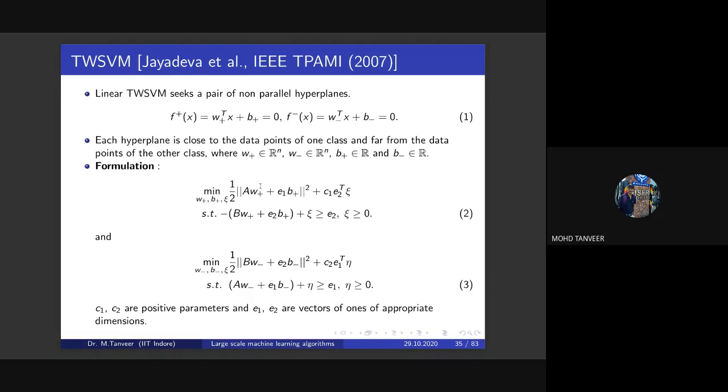In SVM we have parallel supporting hyperplanes; in Twin SVM those restrictions are relaxed, and we say let them be non-parallel. Each hyperplane is close to the data points of one class and far from the data points of the other class. It's a kind of proximality corresponding to classes 1 and -1.